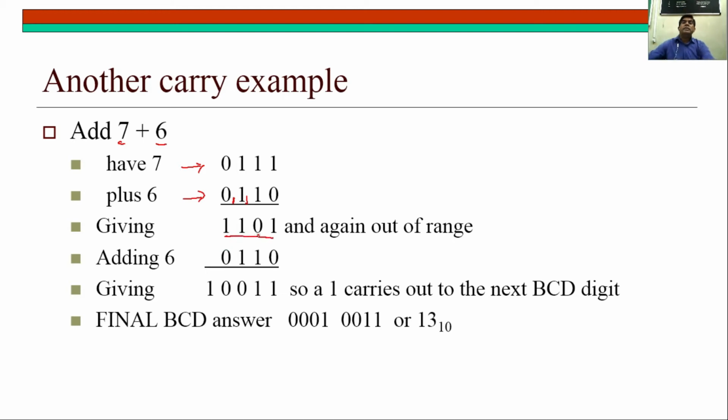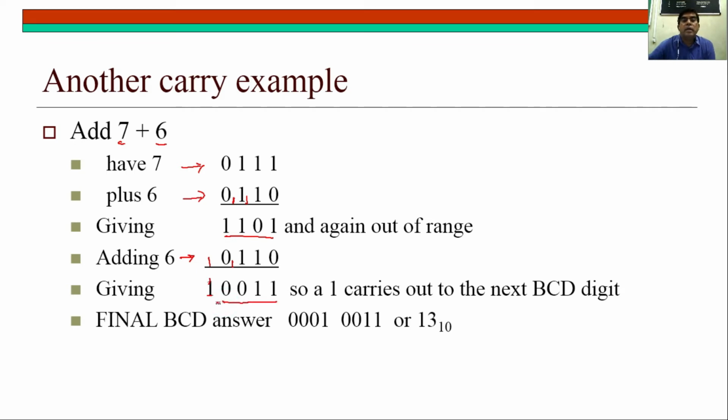But again this is out of range. It is more than 9. So again we will add 6 here. Add 6 whenever the answer is more than 9. If I add 6, what happens? 1 plus 0 is 1. 0 plus 1 is 1. 1 plus 1 is 0 carry 1. 1 plus 1 is 0 carry 1. And here you get 1.